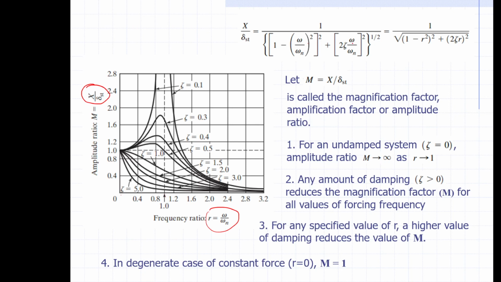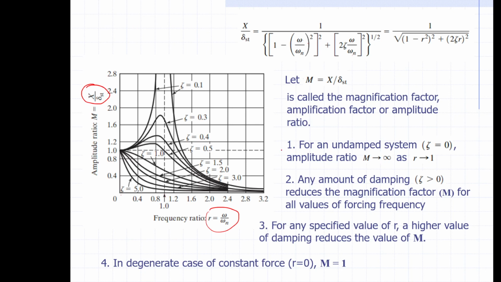If the frequency ratio is 1, this is 1, this is 1, but this term becomes 0. But this term is not 0 as long as zeta is not 0. Okay, so it means as long as you have a damping ratio, the amplitude cannot go to infinity. Okay, this is what it means.